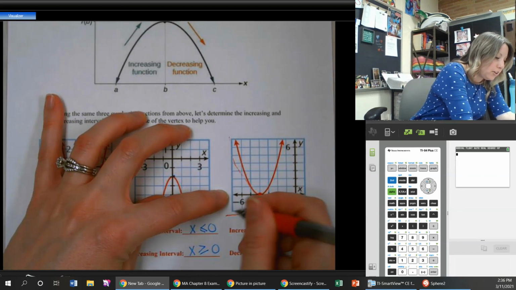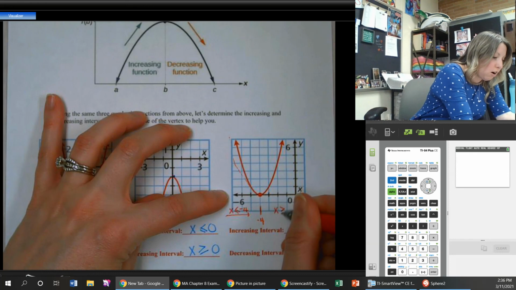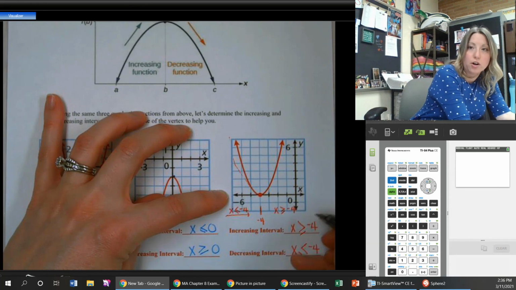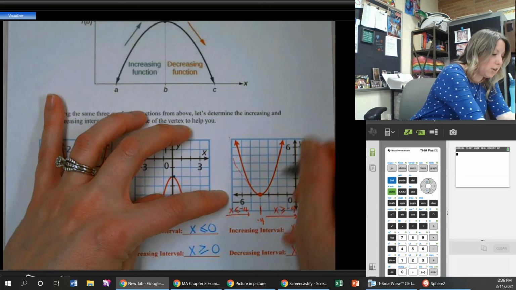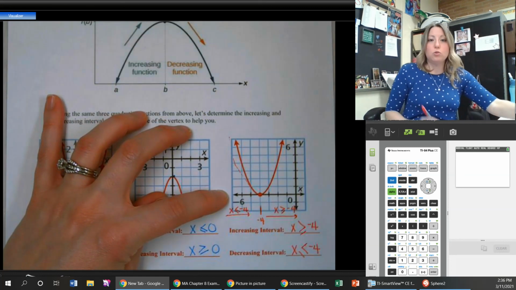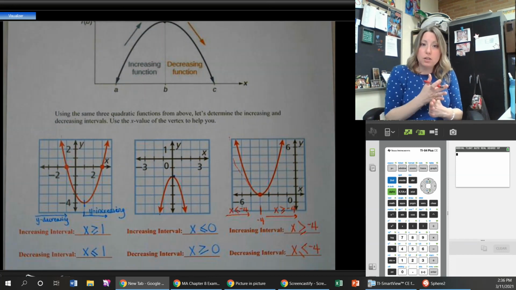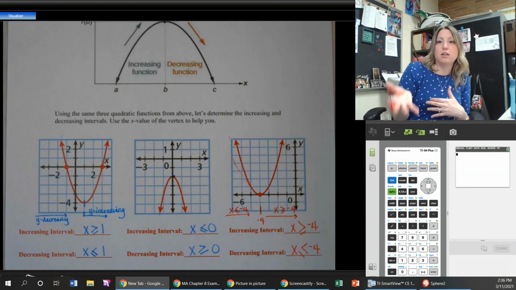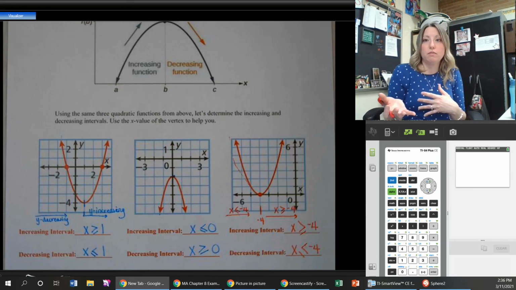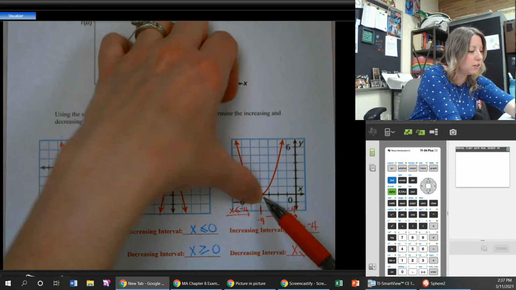These values are all less than or equal to -4 for x. These values over here are all greater than or equal to -4 for x, and this is where my y value is getting bigger and bigger. So that's how I know which side of the axis of symmetry to call greater than -4 or less than -4. This is y decreasing. This is y increasing.